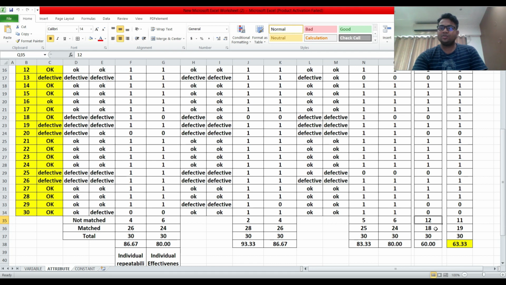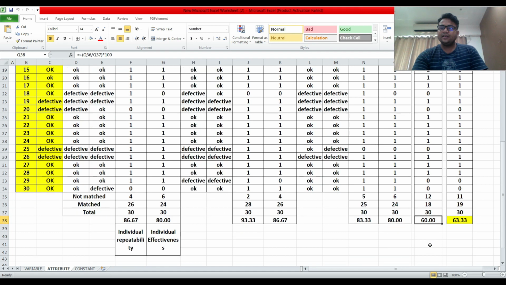When calculating reproducibility, you divide the matched value by the total value. 30 is the total value and 18 is our matched value. 12 times their results did not match, so 18 times their results have matched. So 18 by 30 is 60. In this case reproducibility is 60%.